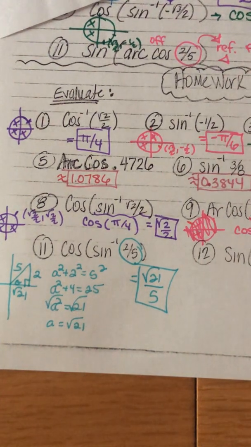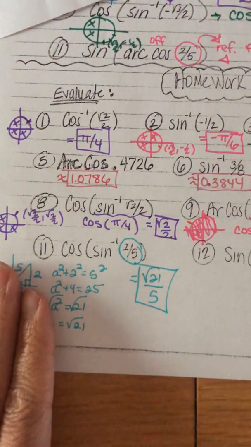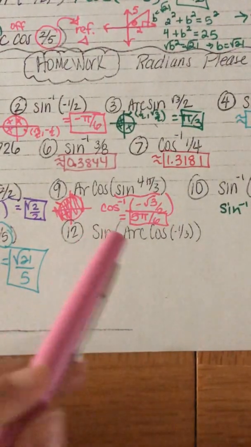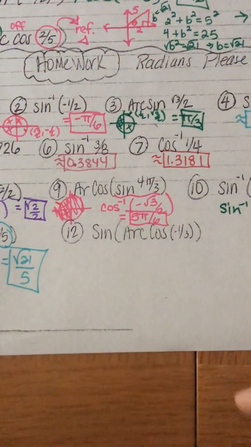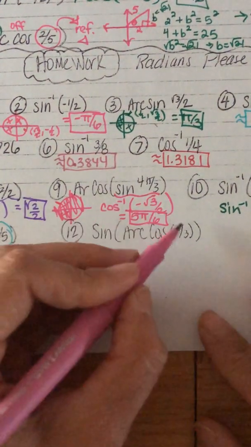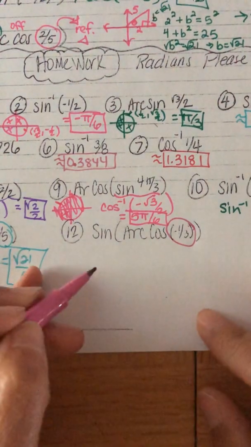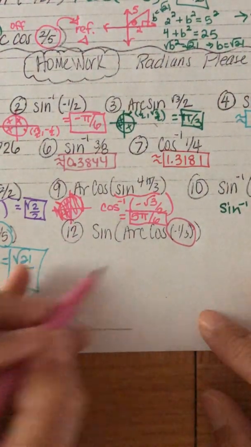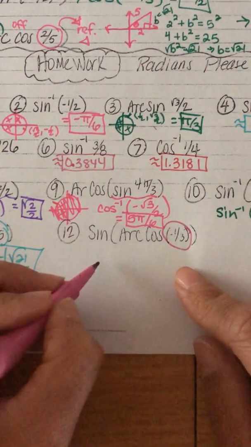I am on purple now, I think. Oh, no, the pink, I think, this pink. All right, number 12. Sine of the arc cosine of negative 1/3. Again, this is not on our unit circle, but we know cosine is either in the first or second quadrant, the top half of the graph.